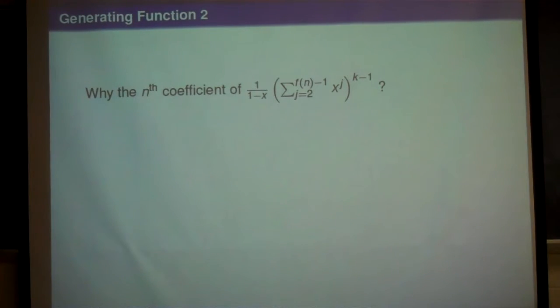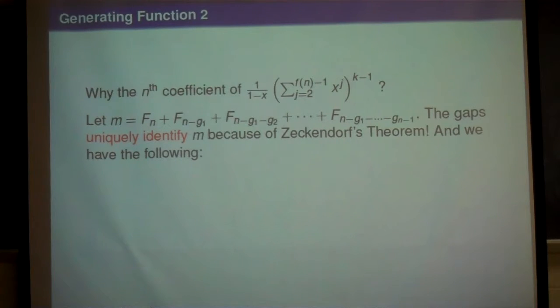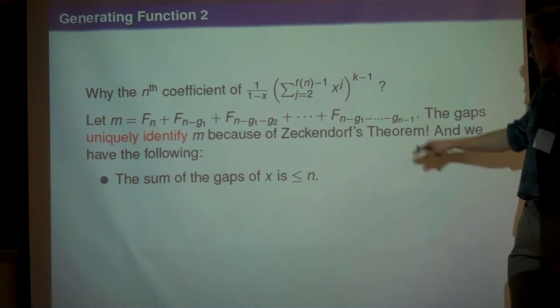Why is it this nth coefficient? Well, if I write m in terms of exactly k summands, the gaps uniquely identify which m I'm talking about in the interval. I'm sorry, this n here should be a k.